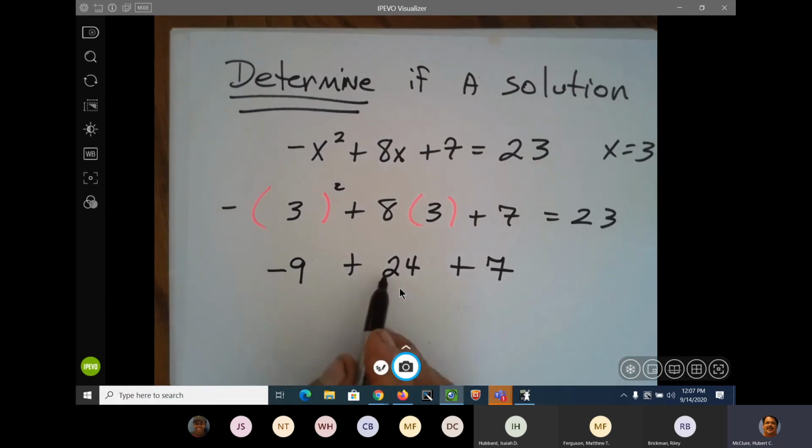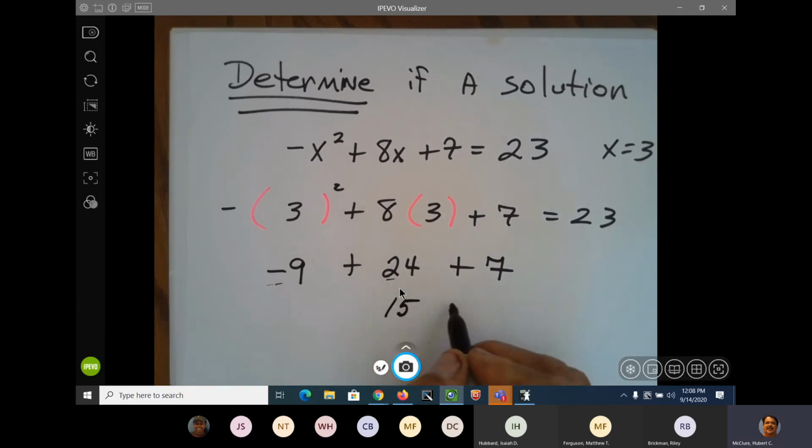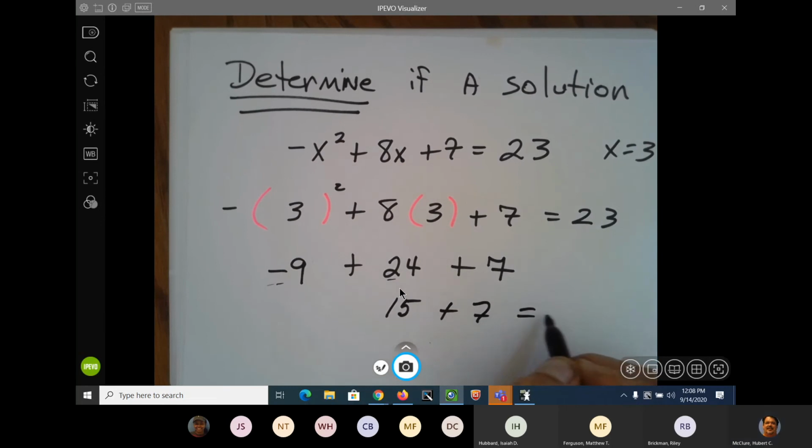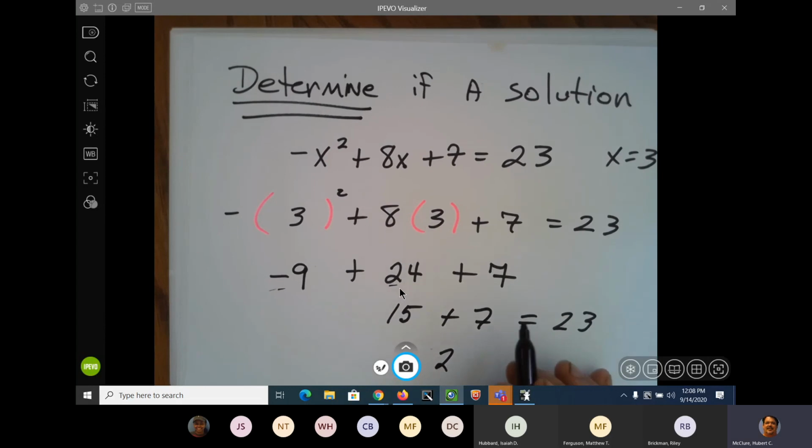Negative 9 plus 24. You owe $9 and you got 24 in your pocket. Well, you pay that 9, you're going to be left with what? 15? Yes, Hubert. 15 plus 7 is equal to 23. I believe that's true. Somebody check. No?